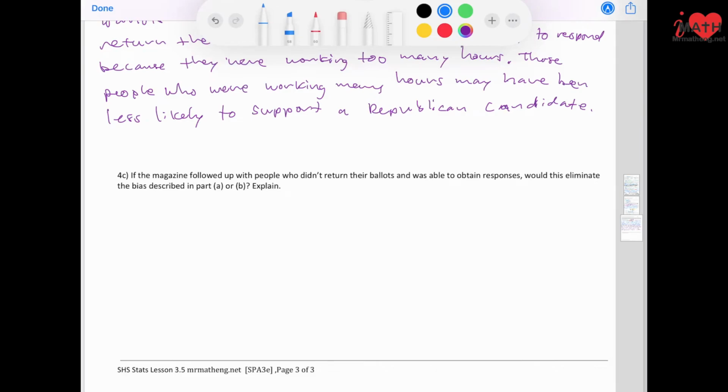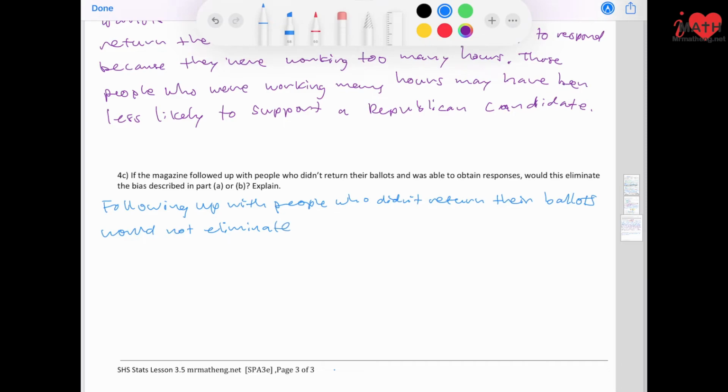So they went back, following up with people who didn't return their ballots, and that would not eliminate the bias due to undercoverage.